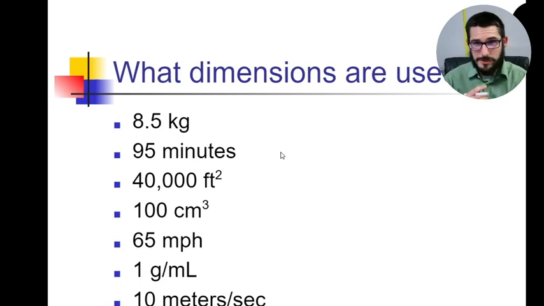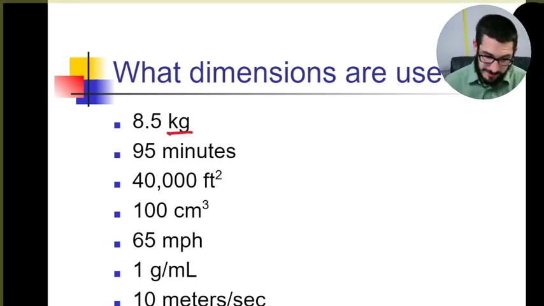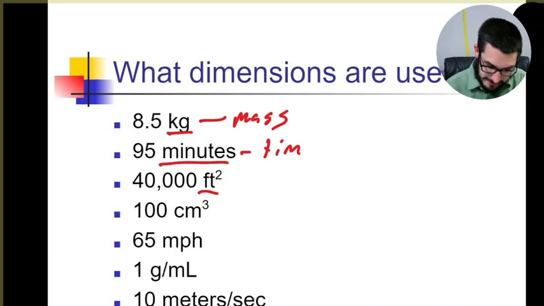So then what dimension is being used here? This first one, we're looking at 8.5 kilograms. Kilograms measures mass. So the dimension it measures is mass. This is 95 minutes, which is time. We've got 4,000 feet squared. Since it's feet squared, that means that it is going to be an area. Squared means that it's measuring an area.